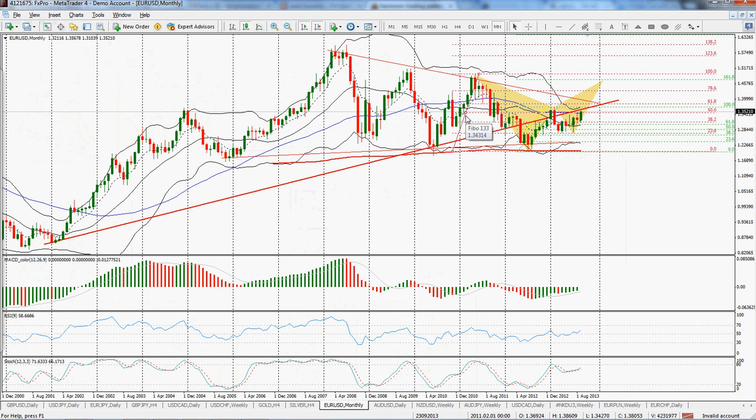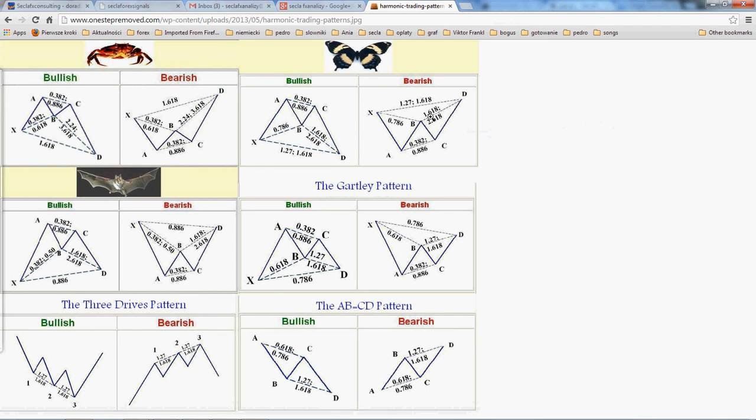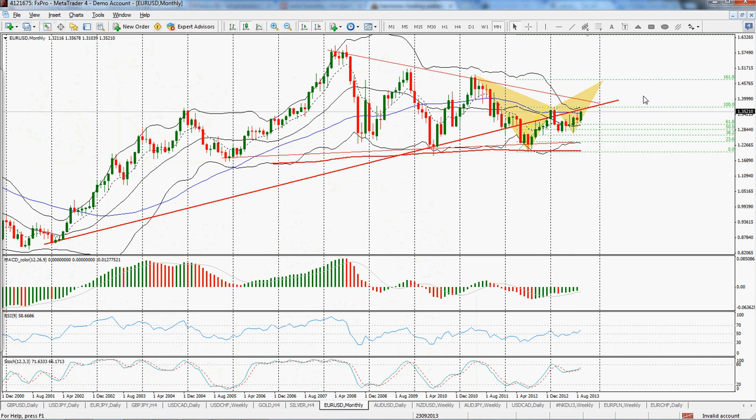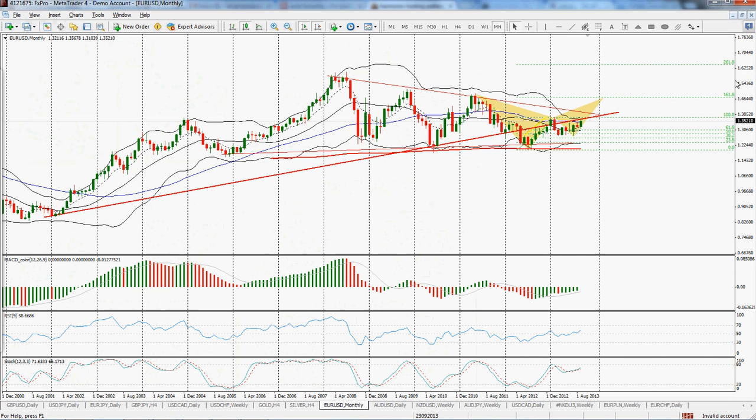Okay, so I will delete this one, but what I did with the other arm, with the right arm, I'm looking for this number 161.8 or 200 or 261. Yeah, 2.61. So it's 261 or 161.8.